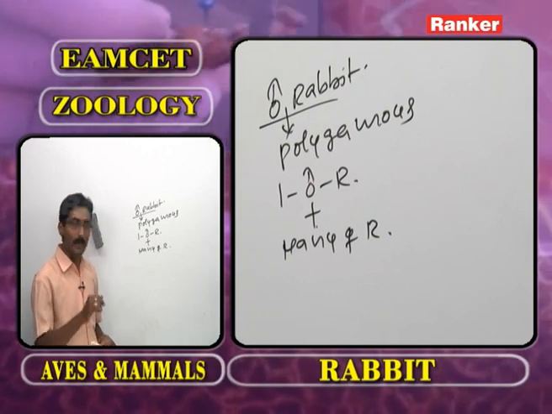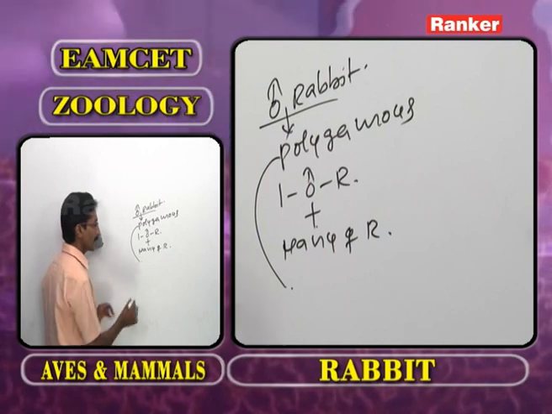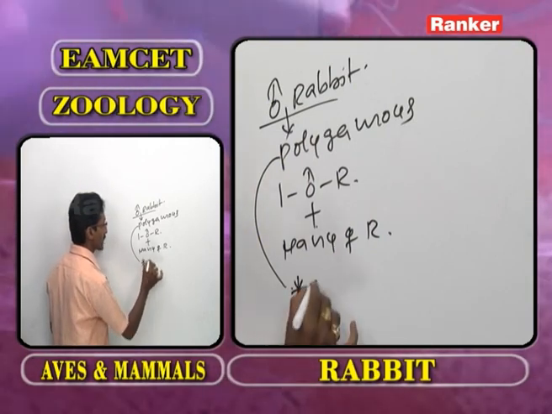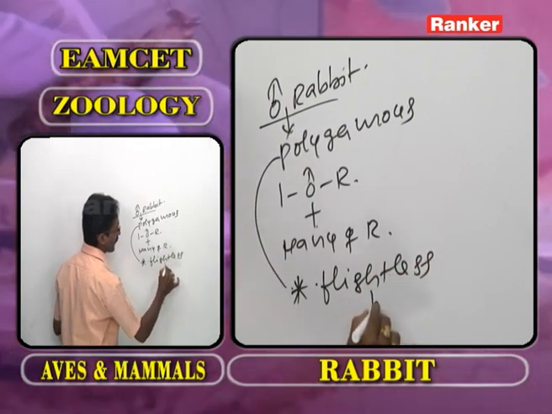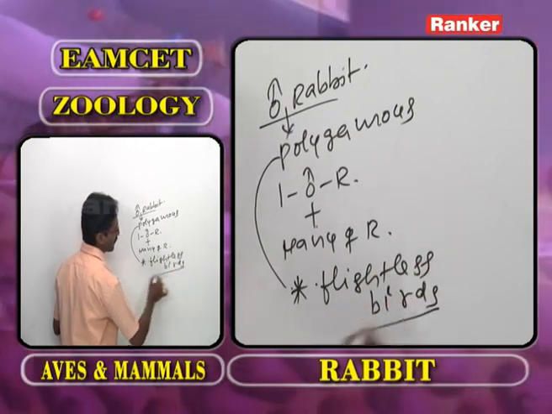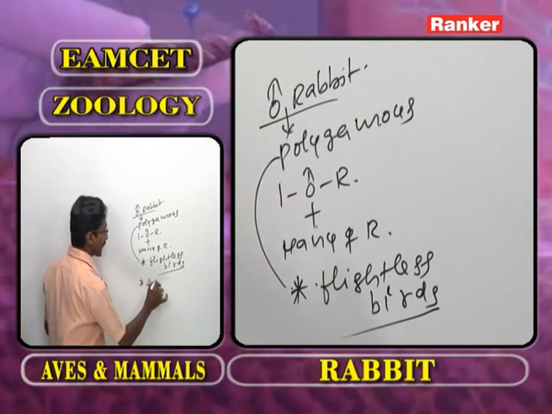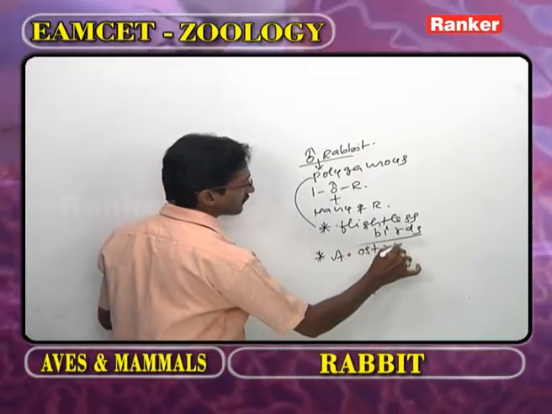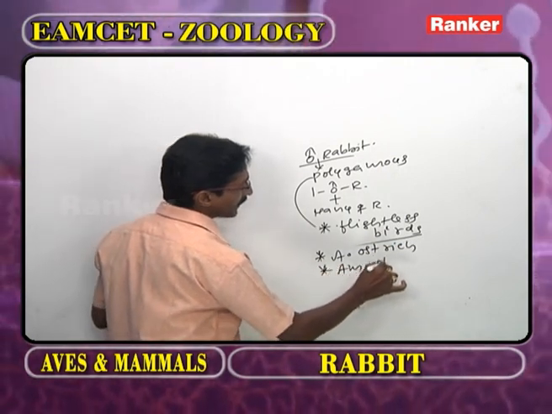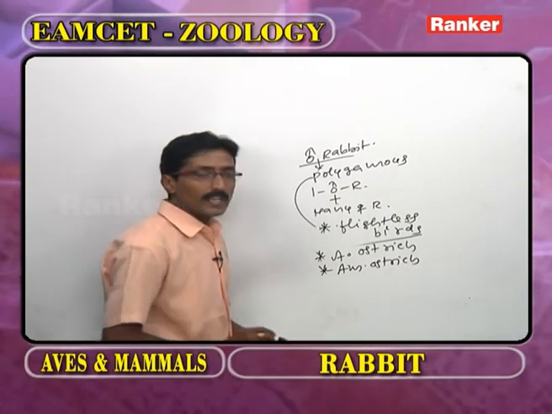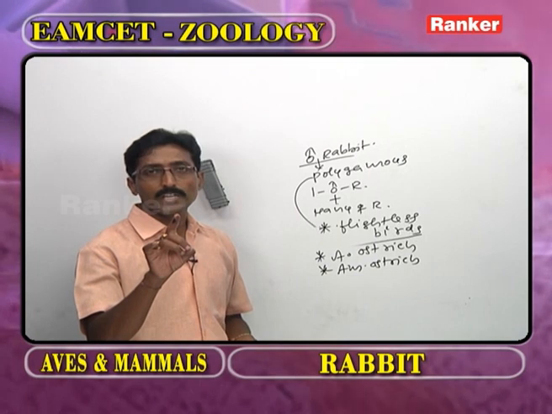This polygamous condition is also explained where? One example is the flightless birds. In the flightless birds, one example is the African ostrich, and the second example is the American ostrich. What is meant by polygamous?